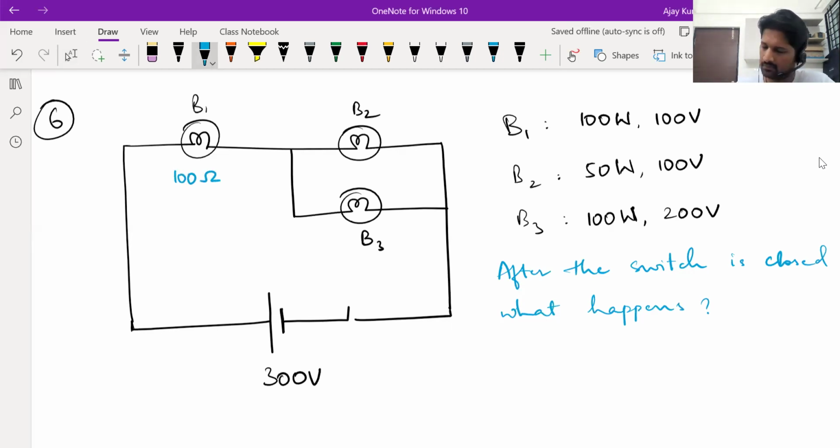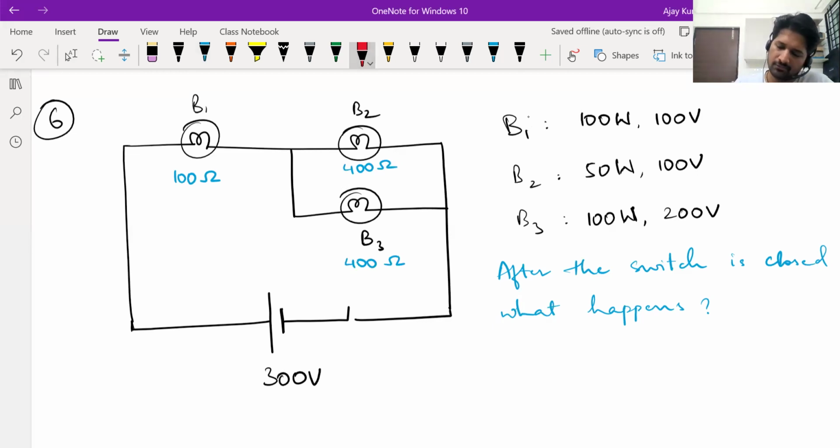B2? B2 is not 200. P is V square by R, so R is V square by P. 100 square by 50 becomes 400 ohms. And B3 also has a resistance of 400 ohms.